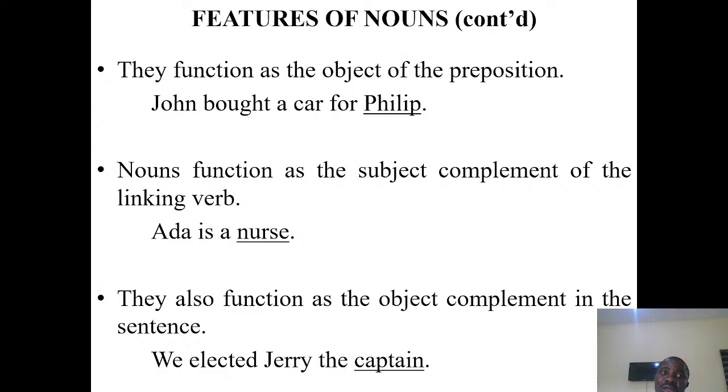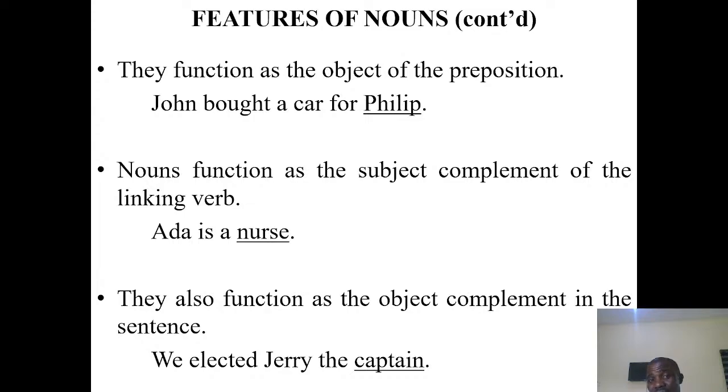Noun functions as the subject complement of the linking verb. Remember, look at the sentence: Ada is a nurse. A nurse comes after a verb, but that verb is not a transitive verb. It is a linking verb. And we cannot say a nurse is an object.